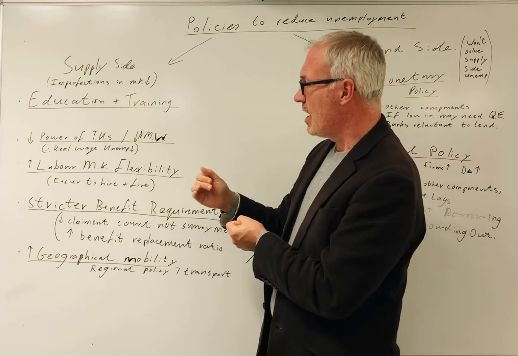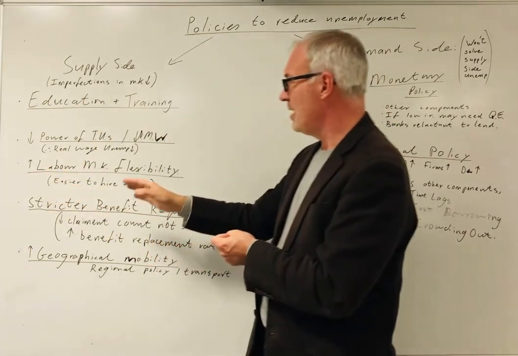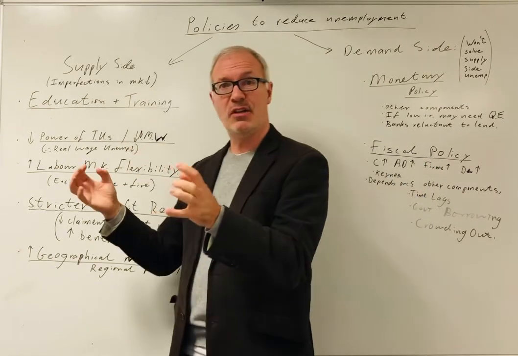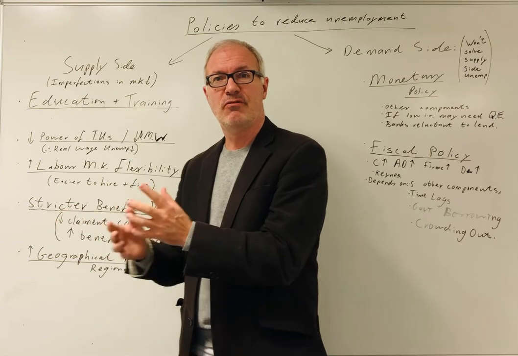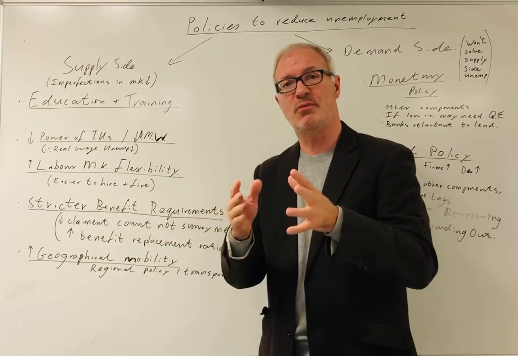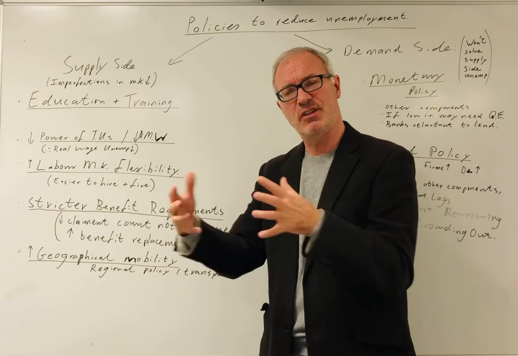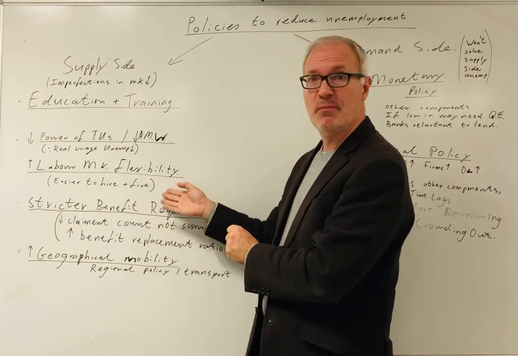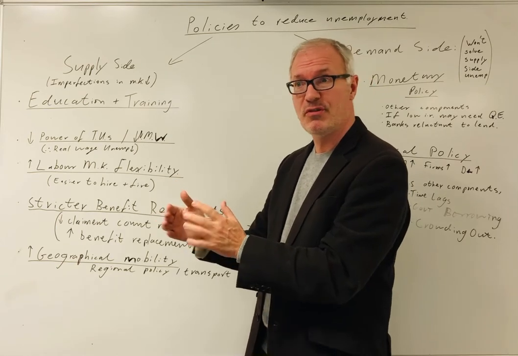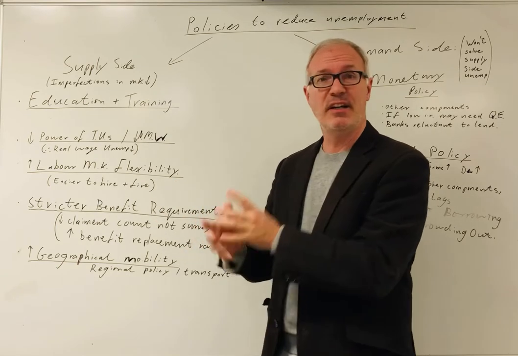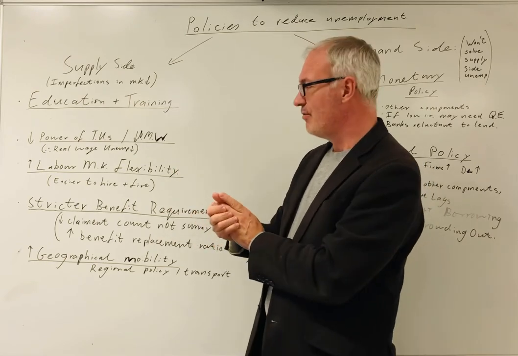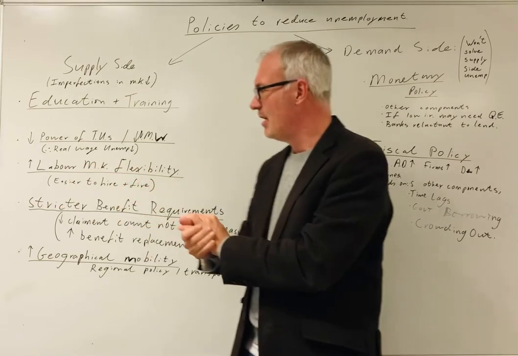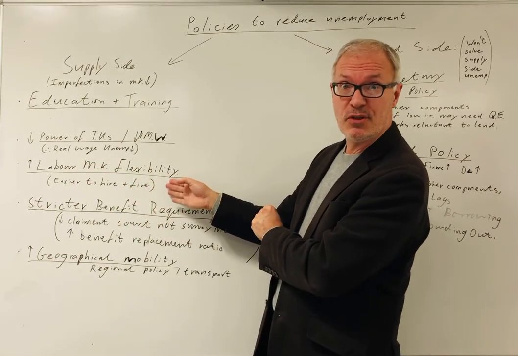A third factor could be increasing labour market flexibility. So this is where you make it easier to hire and fire. This could boost employment because it will be worth the employer's risk to take on someone. It will be low cost. At the moment, many employers have to pay national insurance contributions, and this is obviously a tax on employment. If you reduce the employer's national insurance contribution, that may make it cheaper and reduce the costs of employment.